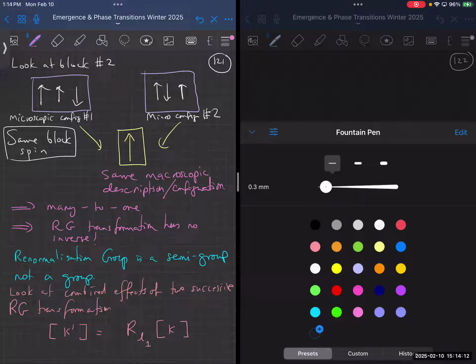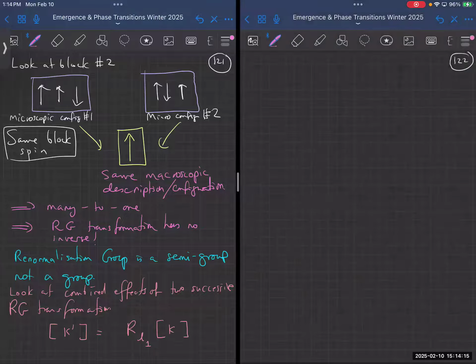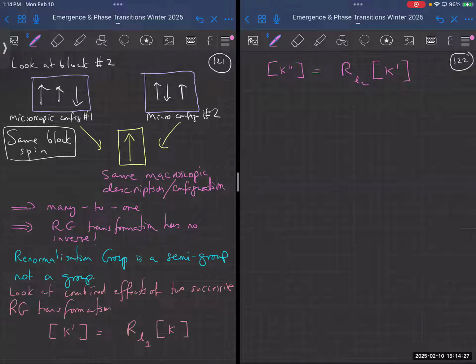And then I'm going to look at what happens if I define K double prime to be R L2 acting on K prime. So I first of all coarse grain by L1, then I coarse grain by L2.